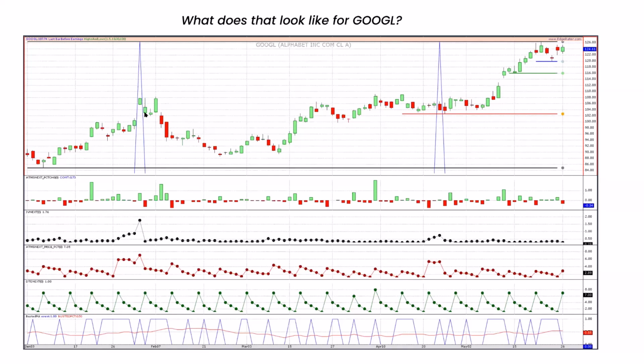But you often can make money on those moves. But more importantly, the price of the straddle gives you an idea of what the move could be on earnings.